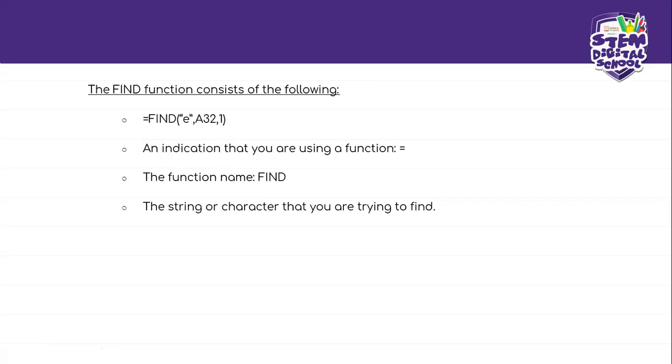Now, first you must have an indication that you are using a function, then the function name, which is find, then the string or character that you are trying to find. This is the string that you are trying to find.